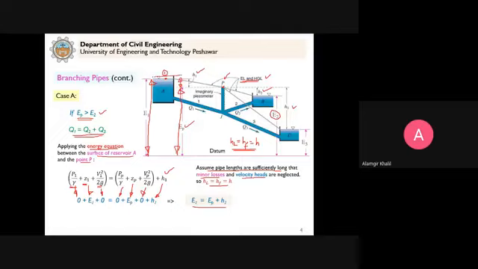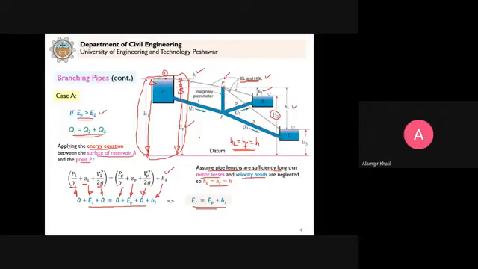So you can see here EP plus H1 is equal to E1. Clear? So E1 is equal to H1 plus EP, and this is how it comes by applying the energy equation between the two points here.